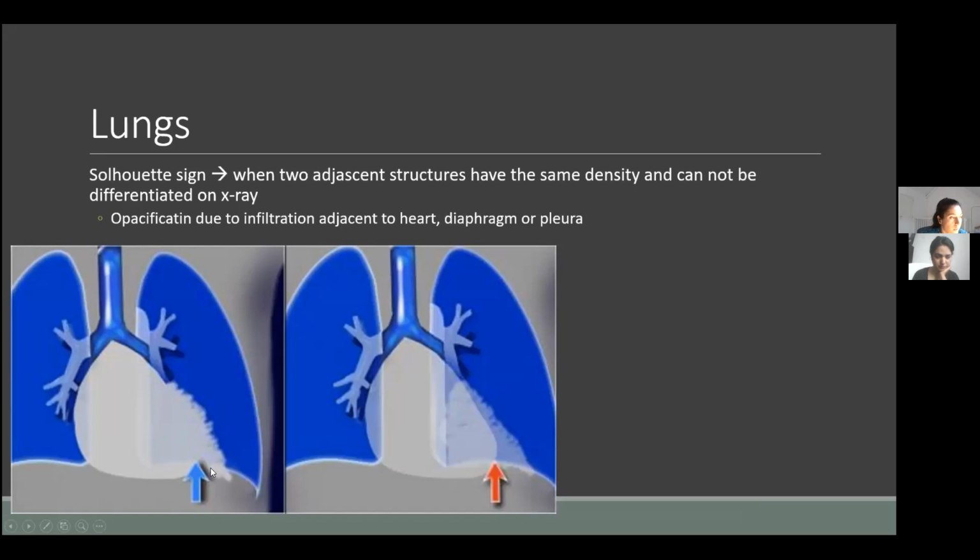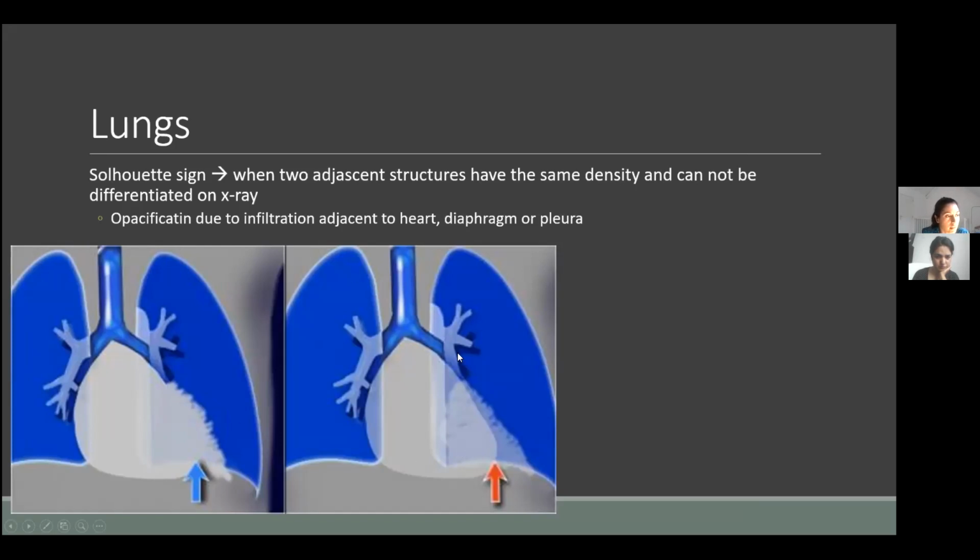If you remember that the lingula of the left lung is adjacent to the heart, then you will be able to say that the opacification or the consolidation is probably in the lingula of the left lung.